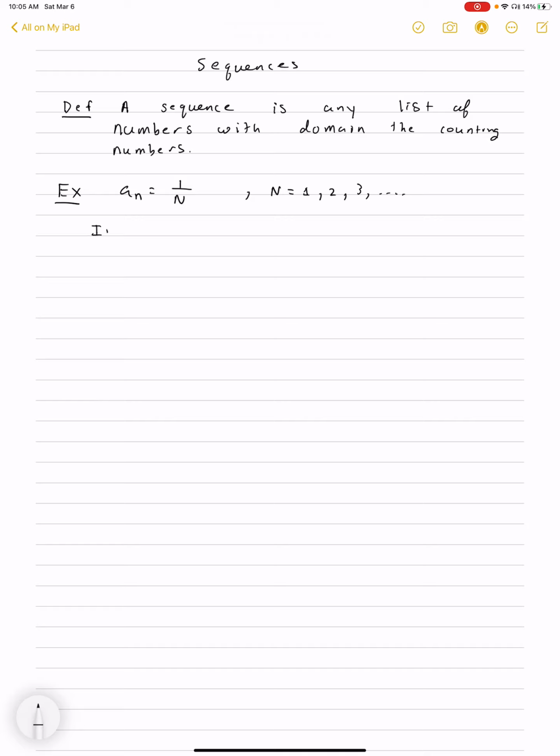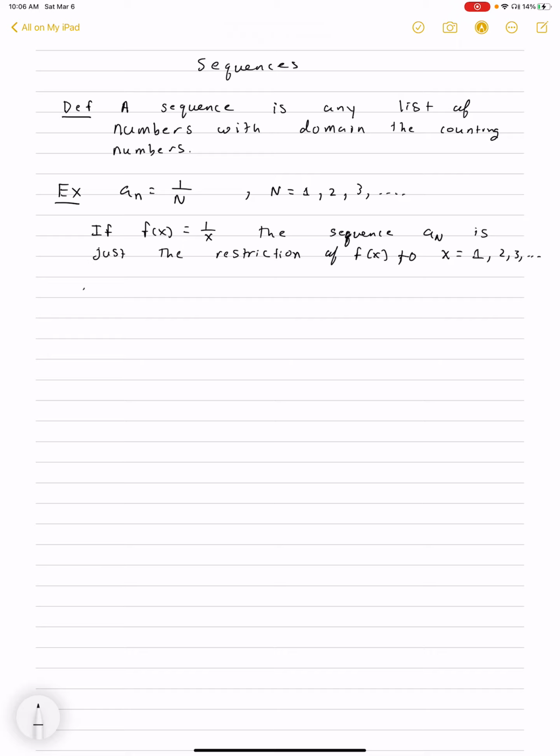That is, if we took f of x, but we just input x equals 1, 2, 3, and so on, then we'd have exactly the same sequence. So sometimes sequences can be functions.